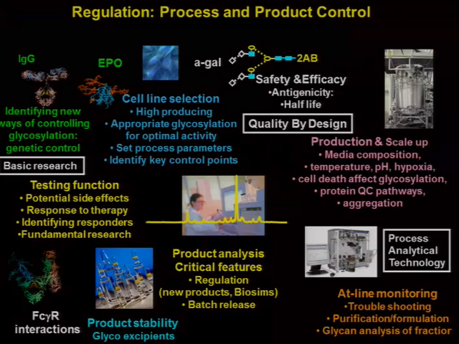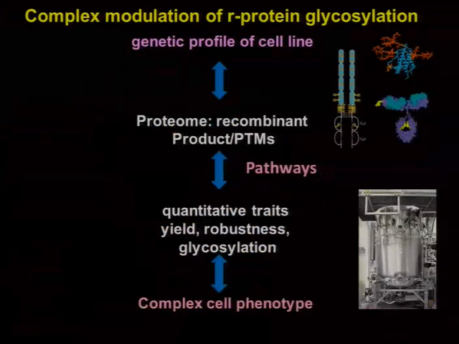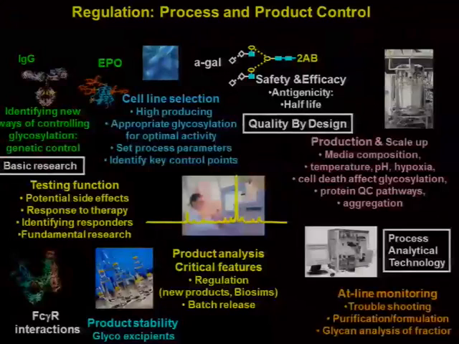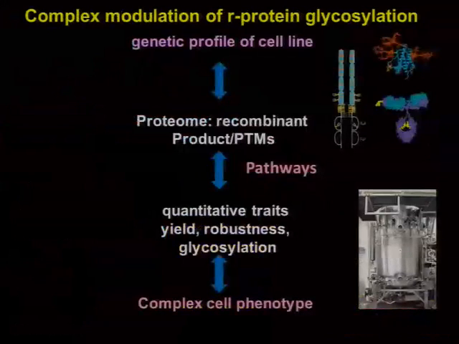So the basic platform that we have is like plug and play. You can use the whole thing for very complex analysis, or you can take pieces of it if you want to do something more simple. Now, I just showed you some of the factors in production which control glycosylation. But of course, that isn't the only thing. There are a lot of different things that control glycosylation. So the genetic profile of the cell line is really important.